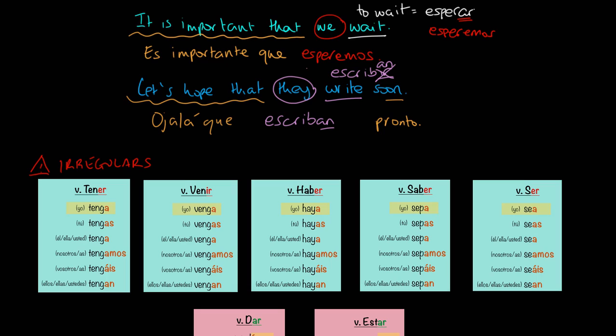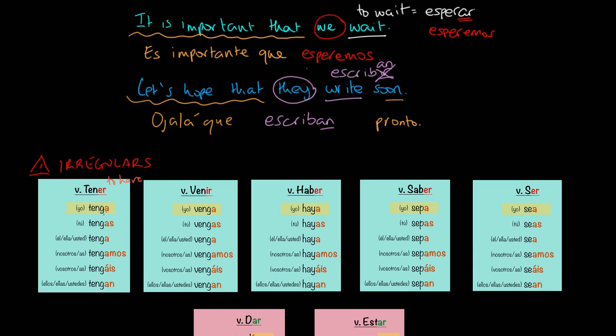So we have the verb tener, which remember is to have. In the I form, it's tenga, similar to the I form of the indicative present, tengo.